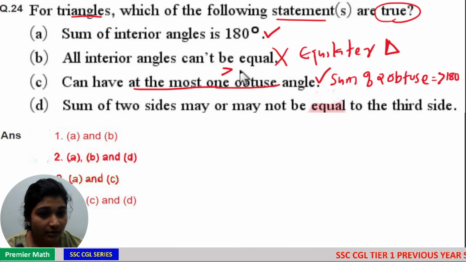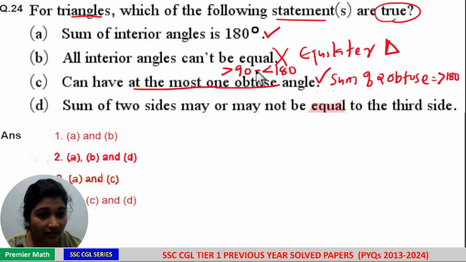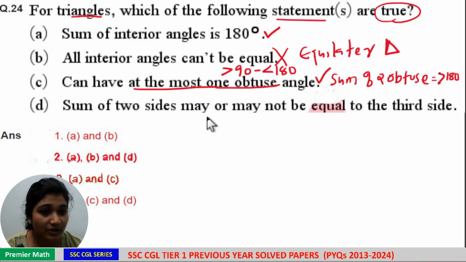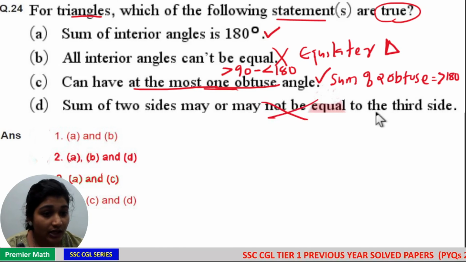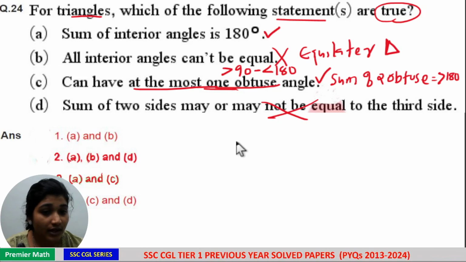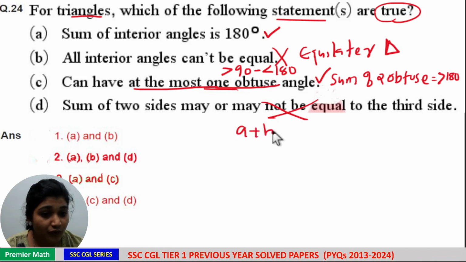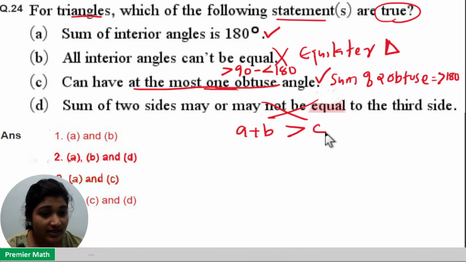Obtuse angle is always greater than 90 degrees and less than 180 degrees, so obtuse angle is between 90 and 180. So a triangle can have a maximum of only one obtuse angle. That is correct. Sum of two sides may or may not be equal to the third side, that is wrong. In a triangle, sum of two sides is always greater than the third side.